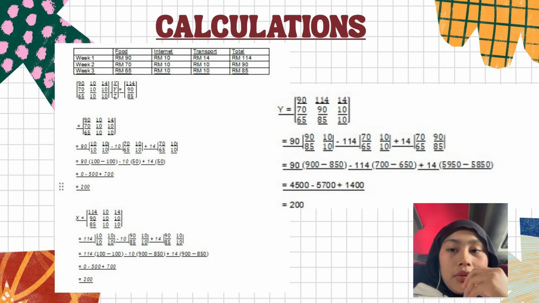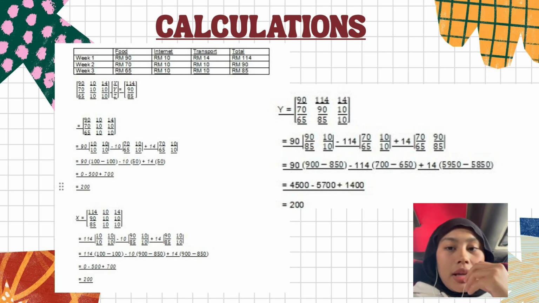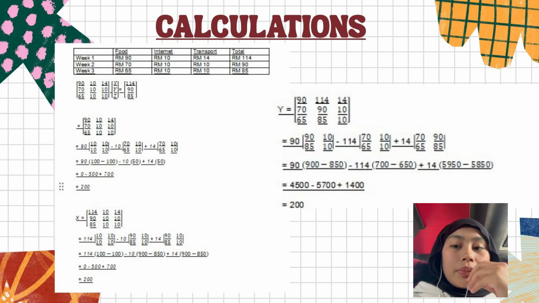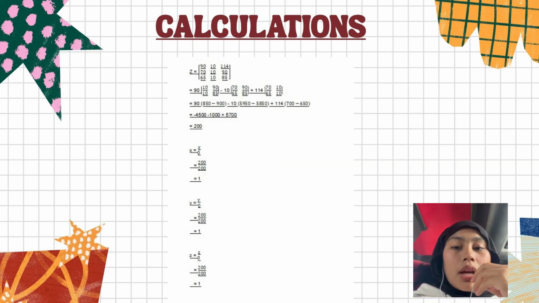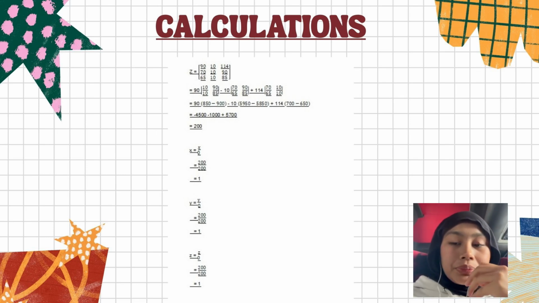After finding D, I construct a new matrix by replacing one column at a time with the constant values from the right-hand side of the equations. When I replace the first column, I calculate the determinant and call it Dx. When I replace the second column, I calculate Dy. If there is a third variable, I also replace the third column and calculate Dz.